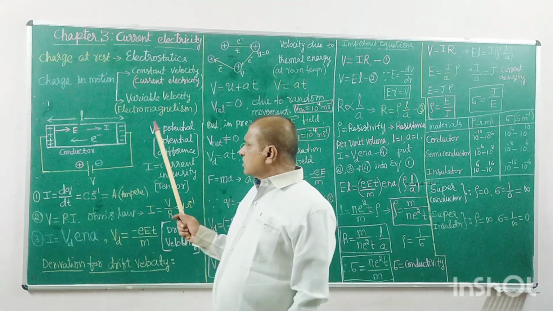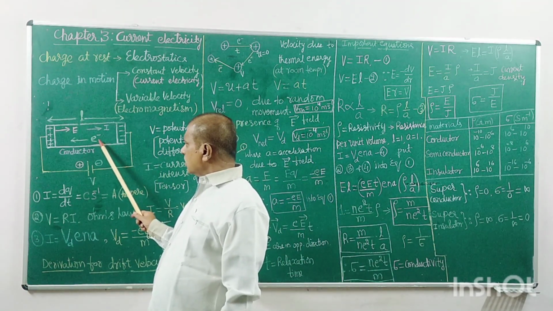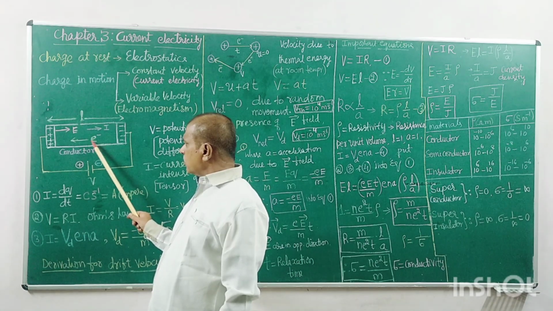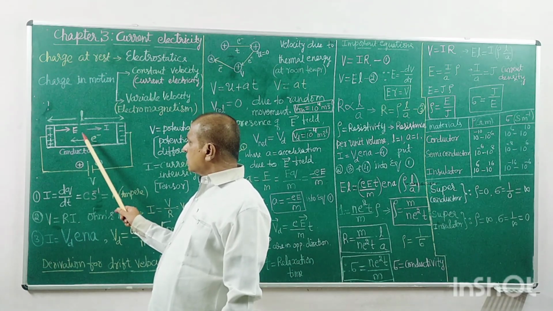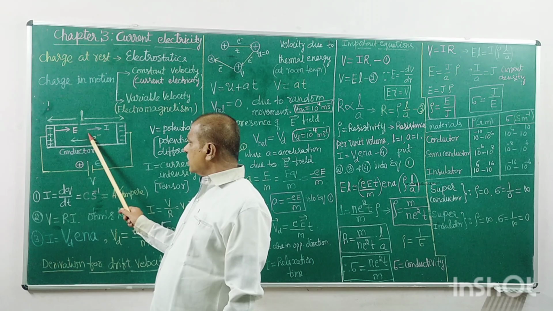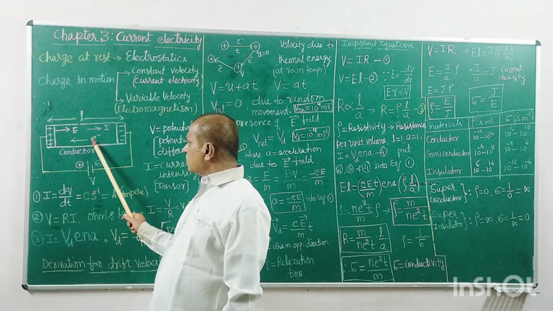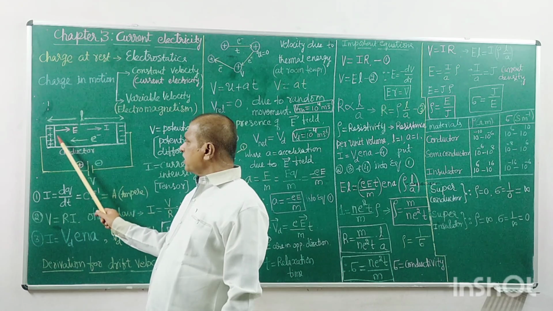So the electric field produced in the material will cause the flow of these free electrons in the material.